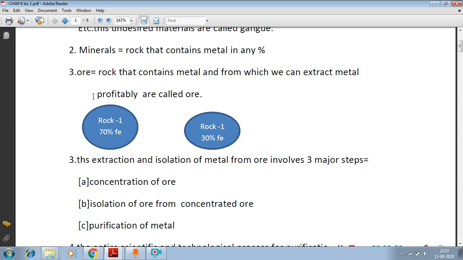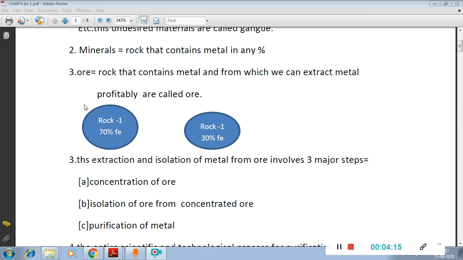Now there are some other factors to consider rock 1 as ore. Suppose the expenses are more in the case of the first rock.